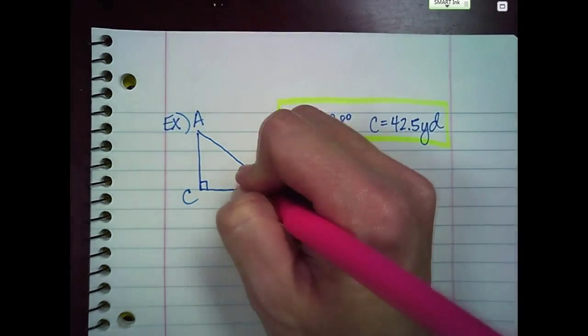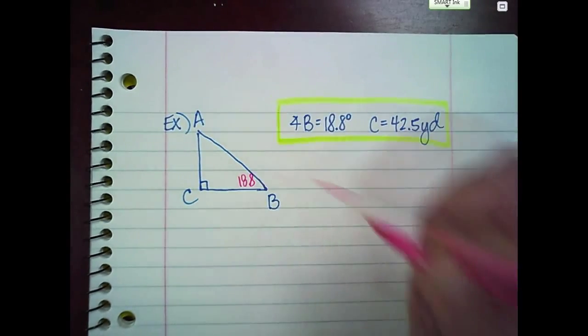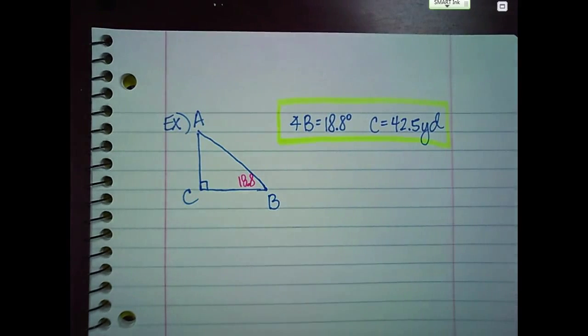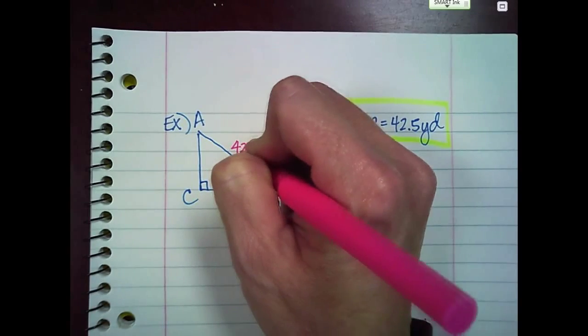So angle B is 18.8. Label your triangle. Side C, which is the hypotenuse, is 42.5 yards.